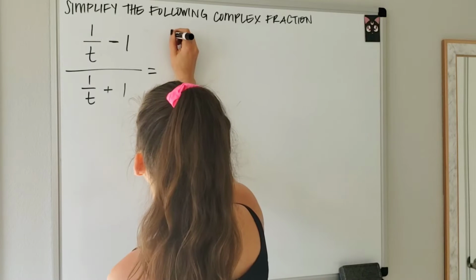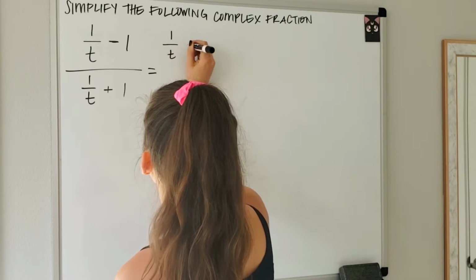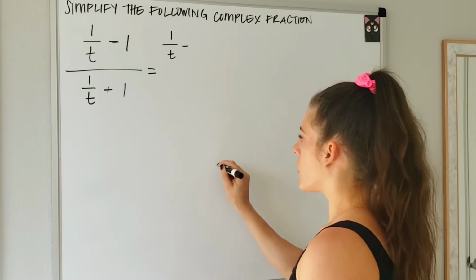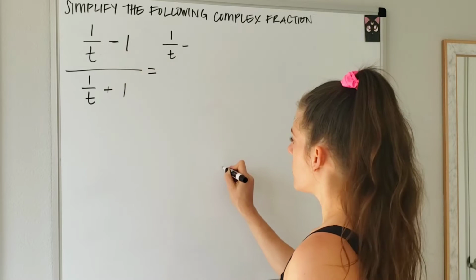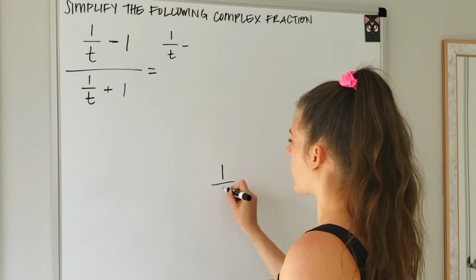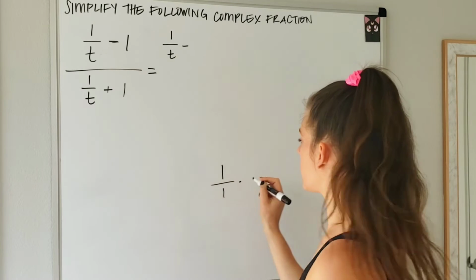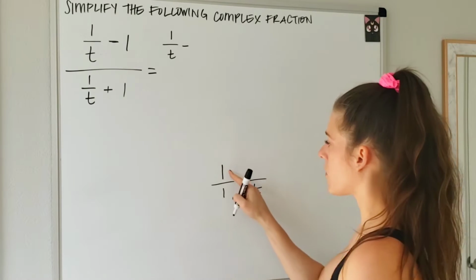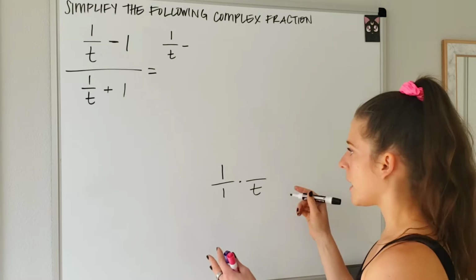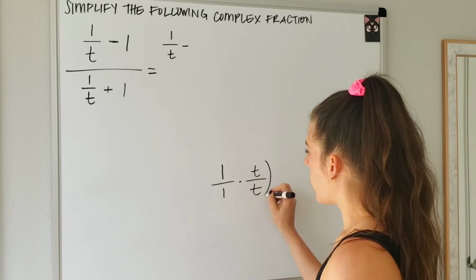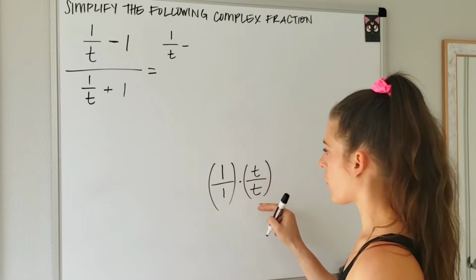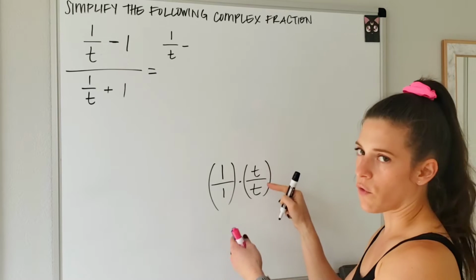We have 1 over t minus 1 over 1 times, what do we need to get t in the denominator? Well, we can multiply any number by 1 in the form of anything over itself.